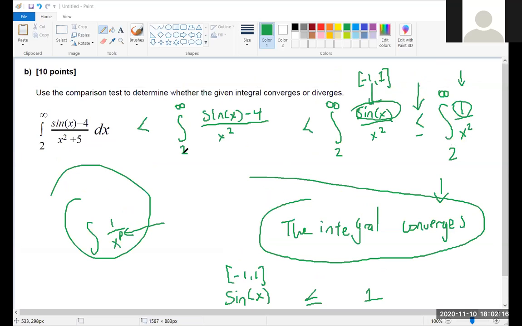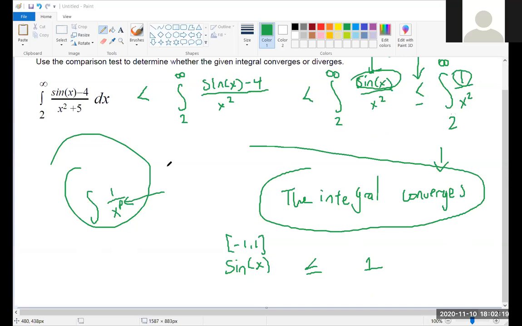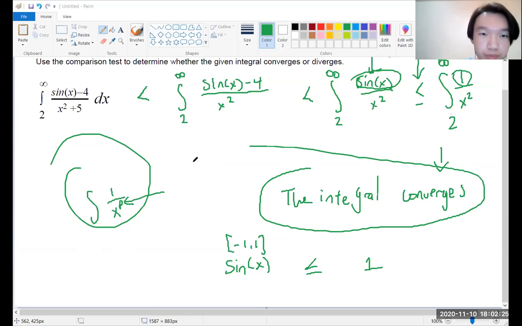Yeah, let me see if I'm able to come up with an example here. So this was convergent. One over x squared.